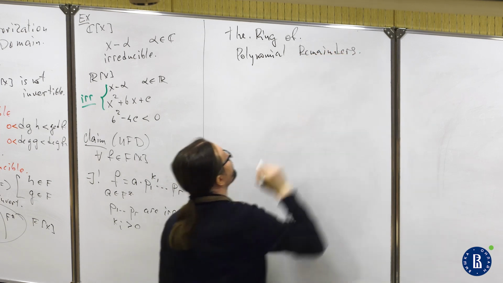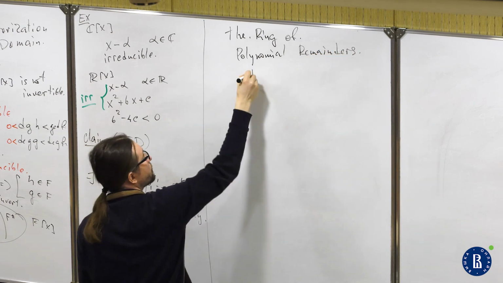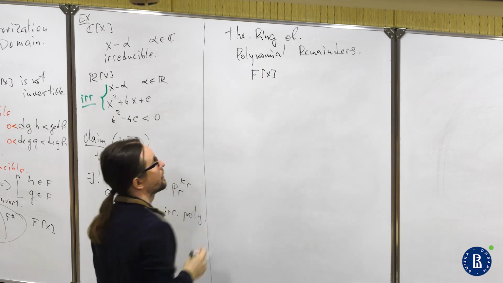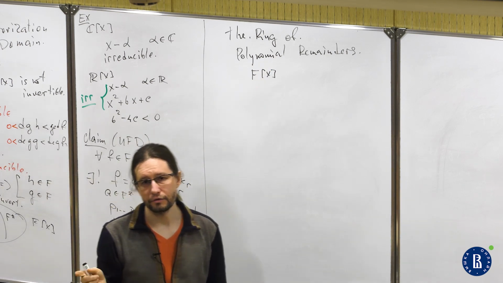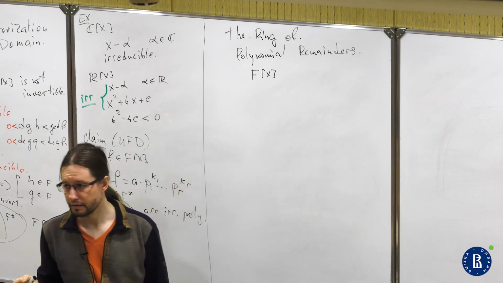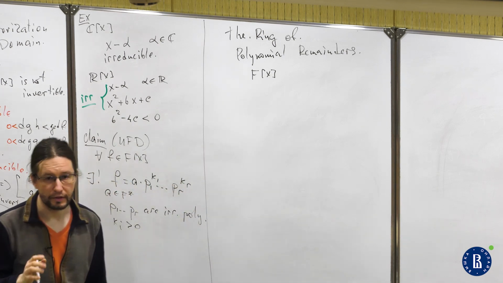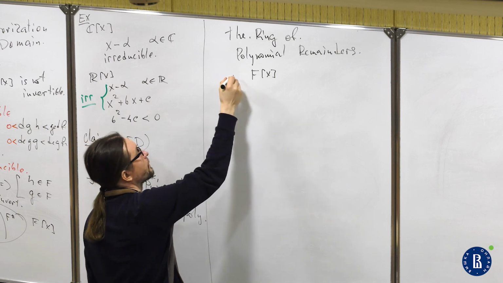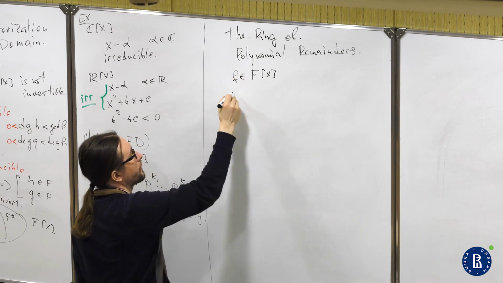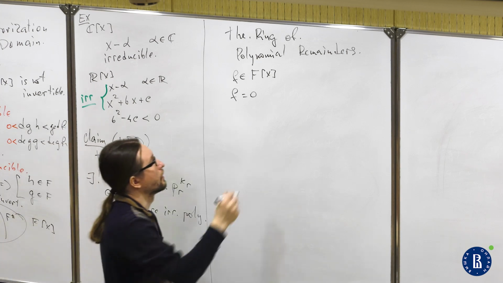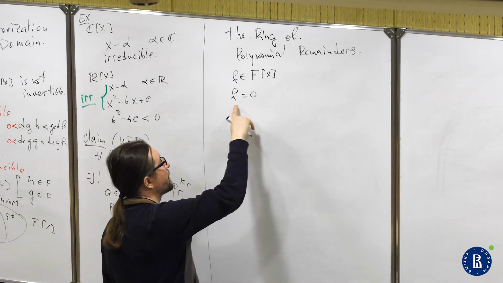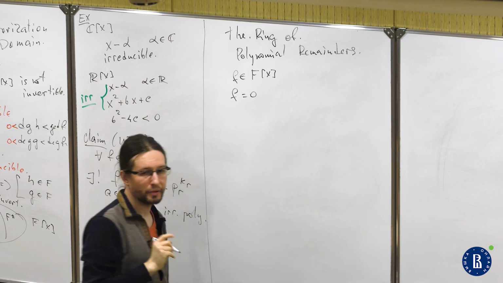Suppose we have f(x). Now, there are two cases, an interesting case and a trivial case. Let me start with the trivial case. Suppose we are given a polynomial f and the polynomial f is 0. I want to define the remainders modulo the zero polynomial.